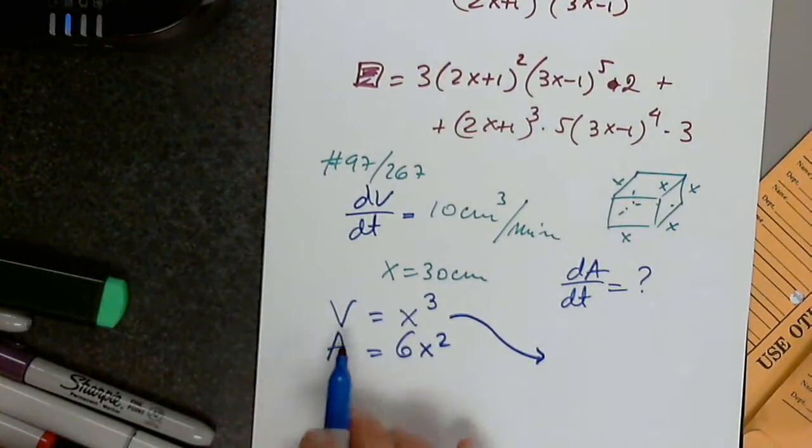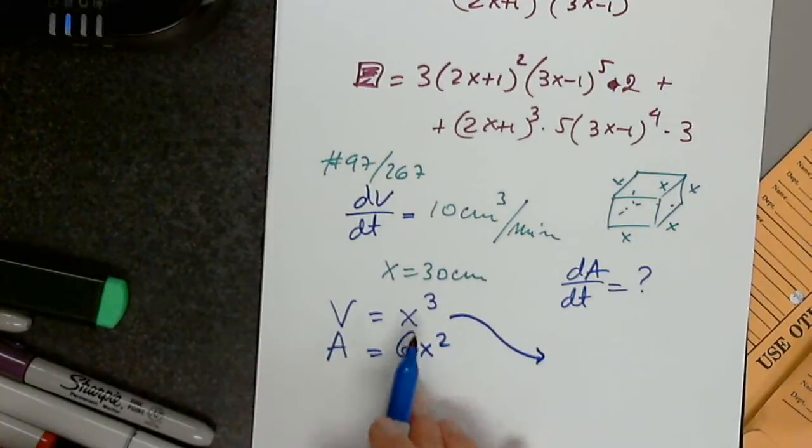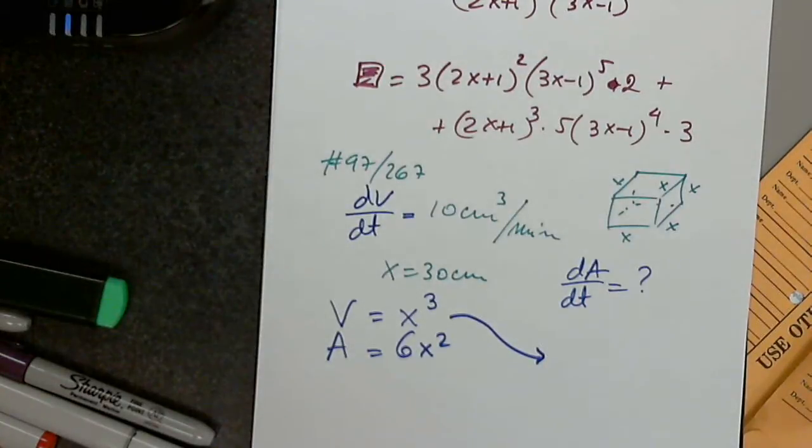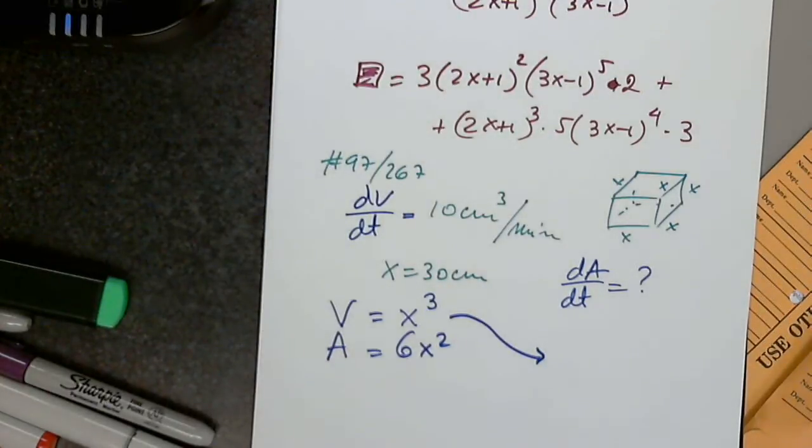So now I know to differentiate both sides. V and x, are they functions? Are they variables? Is one a function and the other one a variable? What are they? Both functions of time. They are both increasing with respect to time. Good. Or functions of time.